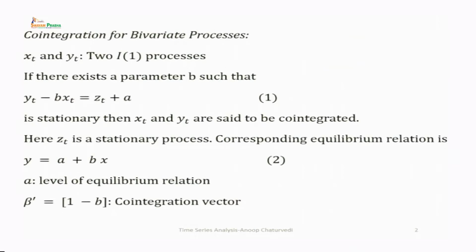In fact, if you write beta transpose (y t, x t), this is an I0 process. So, that is why this beta is called the co-integration vector.